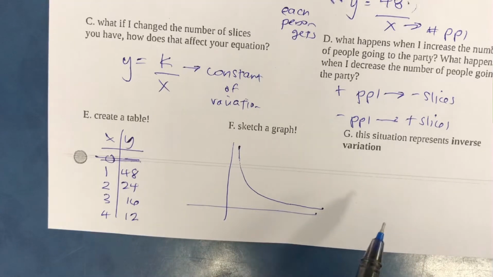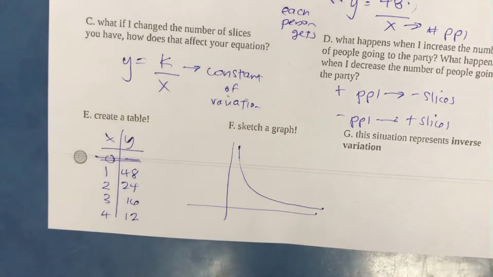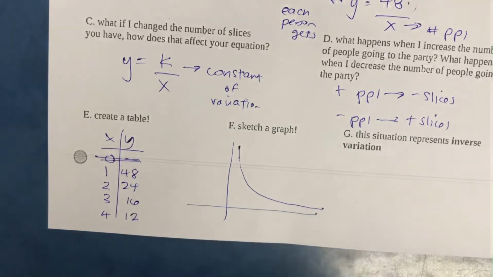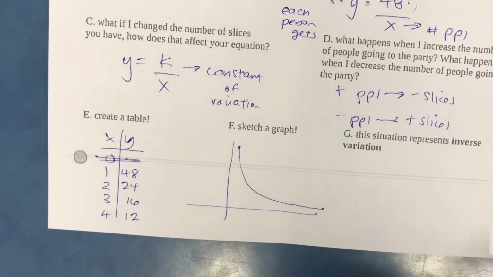It can always be divided. So I'll never reach 0 on the x-axis or the y-axis, because I'll never have 0 people and I'll never have 0 pizza. You'll always have some slice of a pizza to give, even if it becomes like 1/10 of a slice. That is still in existence. So these graphs don't cross the x or y-axis.